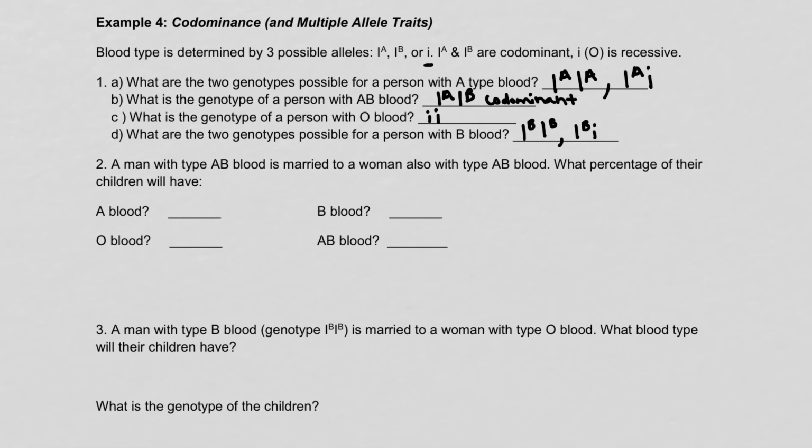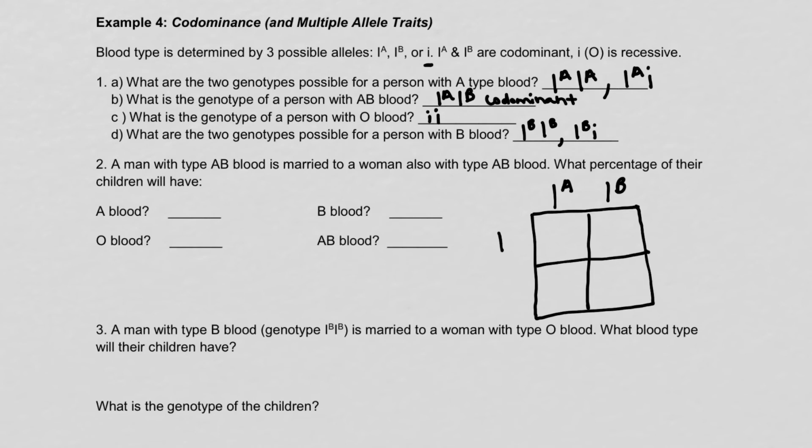A man with type AB blood is married to a woman also with type AB blood. What percentages will their children have? Well, let's set up a square. All right, so what percentage have A blood?